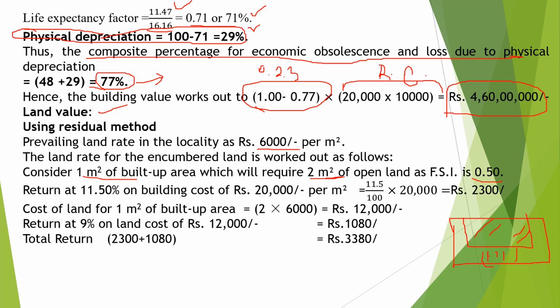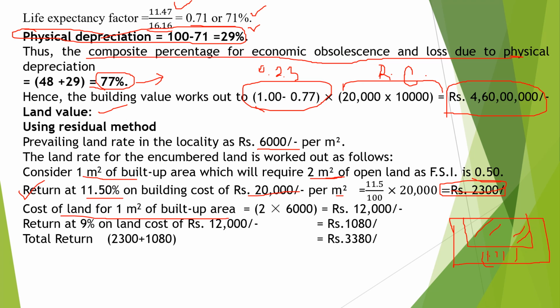The return, we have already calculated as 11.5%. So the return on the building at 11.5% from 20,000 per square meter is 11.5% of 20,000, which means from the building you will get 2,300. Second, the cost of land: for constructing 1 square meter of built up area you need 2 square meters of land.